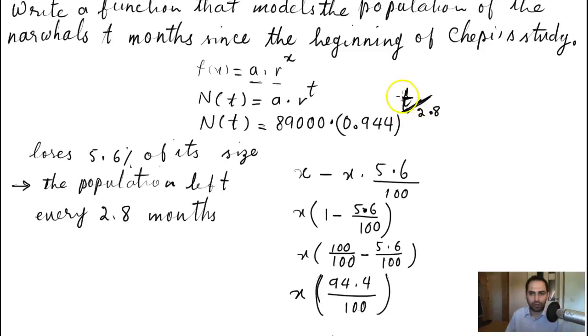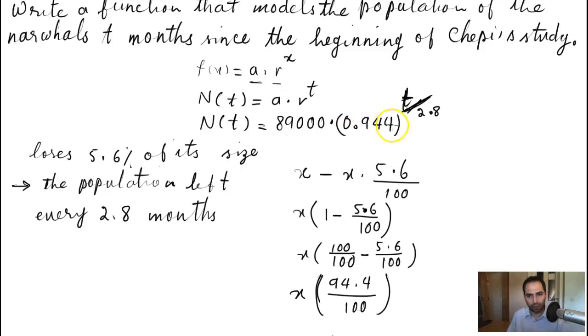When t is equal to 2.8, that means after 2.8 months, the fraction becomes 1, because 2.8 divided by 2.8 is 1. Then it's 0.944 raised to the first power, which is 0.944.